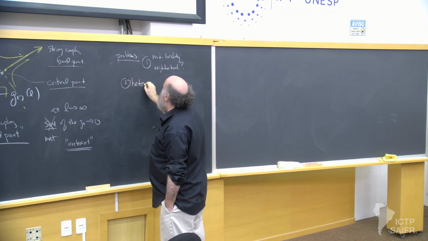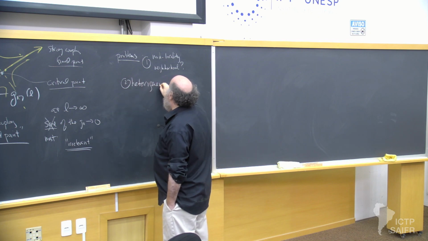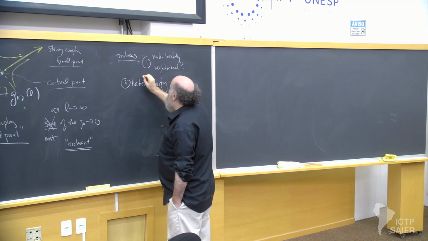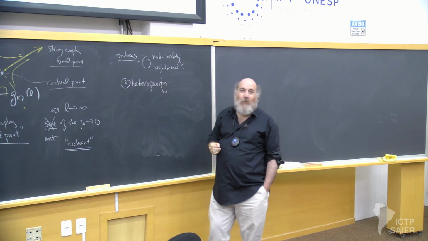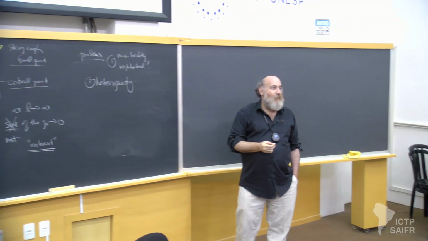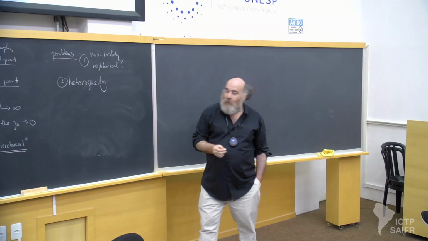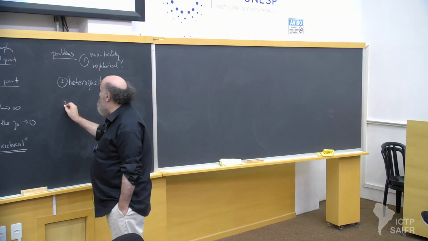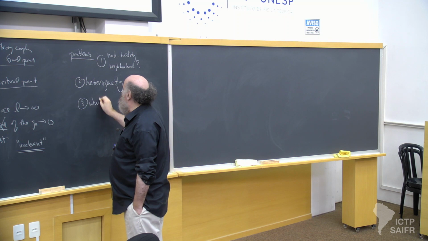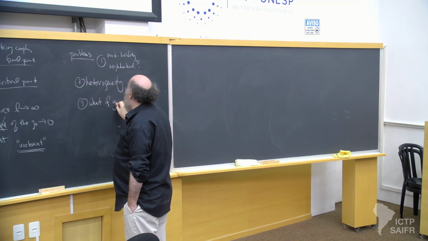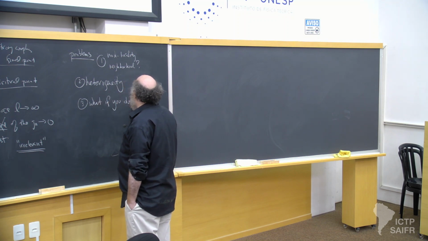There's a problem of heterogeneity. There are probably more, but there's a really big one, which is: what if you don't know the model?